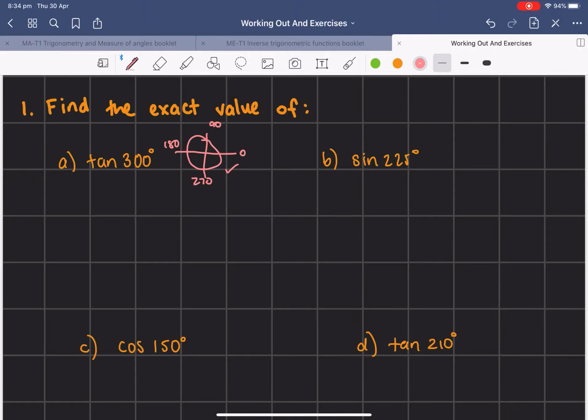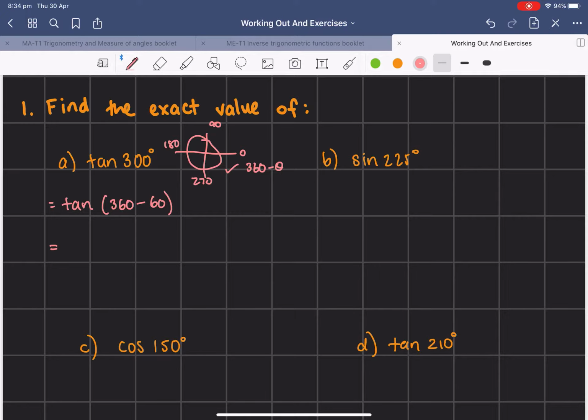And we know that in the fourth quadrant, we find the angle by doing 360 minus theta. So I'm going to just rewrite tan 300 as tan 360 minus something. So I have to ask myself, well, 300 is 360 minus what? Well, it's 360 minus 60.